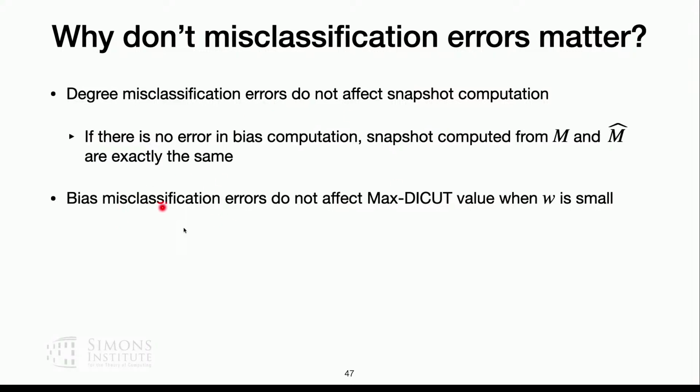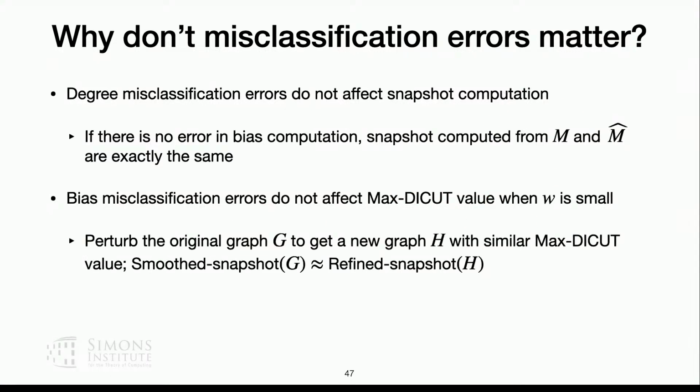Now, bias misclassification errors do not affect the Max-DICUT value when the window size is small. This is because, what does bias misclassification error mean? Instead of declaring your value of the bias as B, you're declaring it as B plus or minus epsilon.